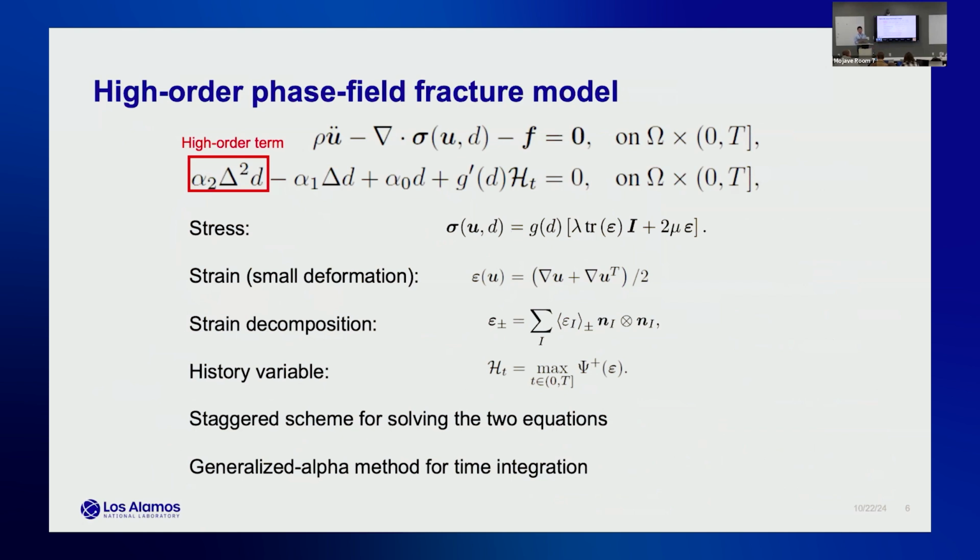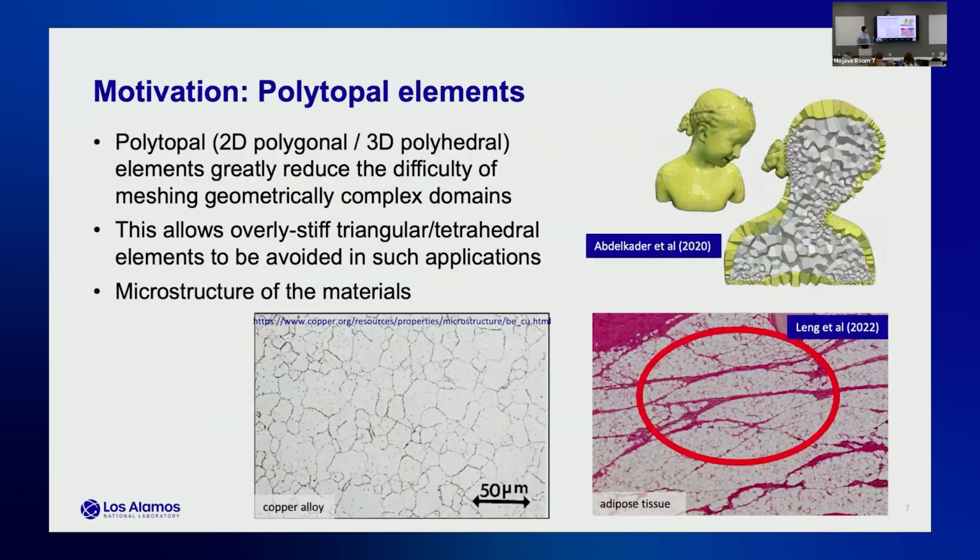The second one is the high order phase field equation. We have a fourth order derivative, so the classical finite element will have some problems. We can use IGA, which is famous for its higher order continuity. But in VEM, I want to show you we can also do this, using the C1 element.